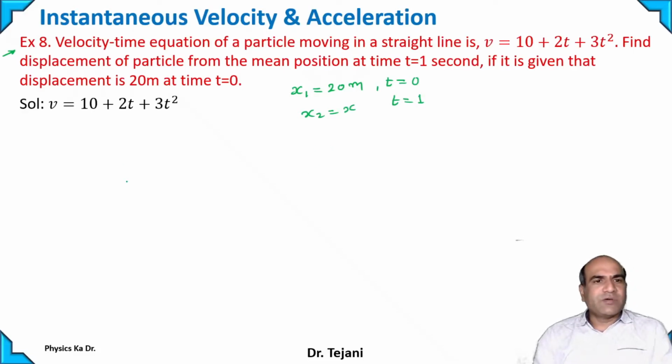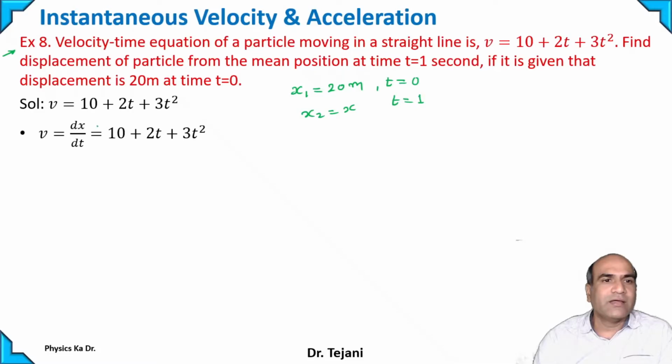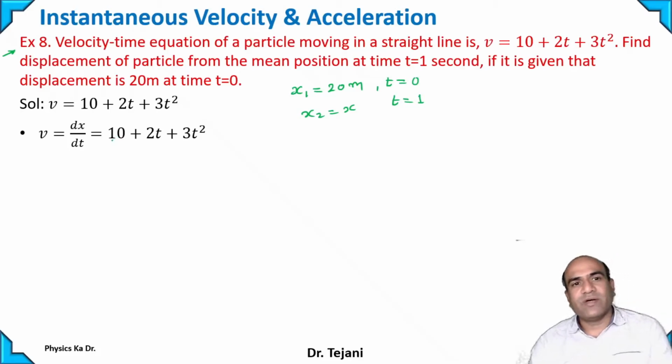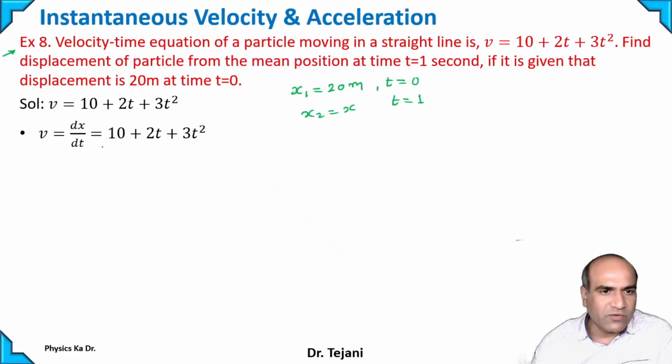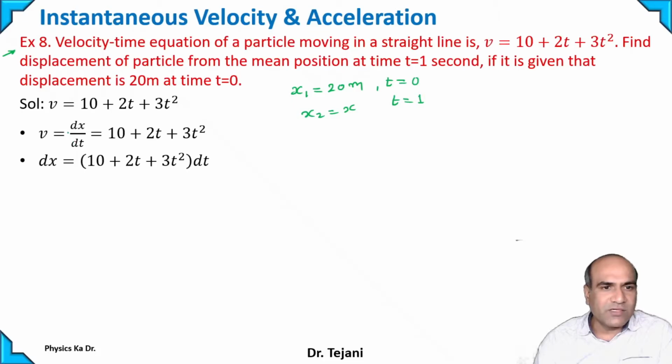So whenever the equation is given, v is equal to 10 plus 2t plus 3t square, and we know that v is equal to dx by dt. We need the equation of x, the displacement, and therefore we can take dx to one side and dt to the opposite side.